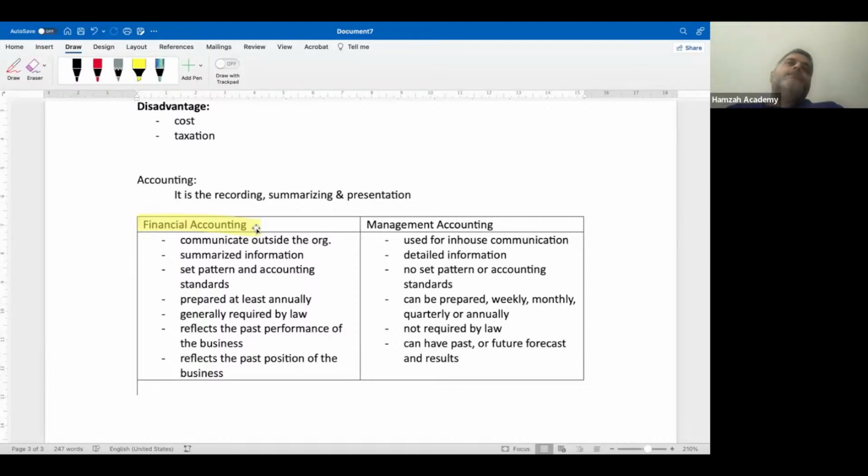Then the biggest inherent limitation of financial accounting is that it reflects the past performance, the past financial position. It's all about the past records. It's not about the future, right? To some extent it's current, but not properly current. When it comes to performance, it is always past.